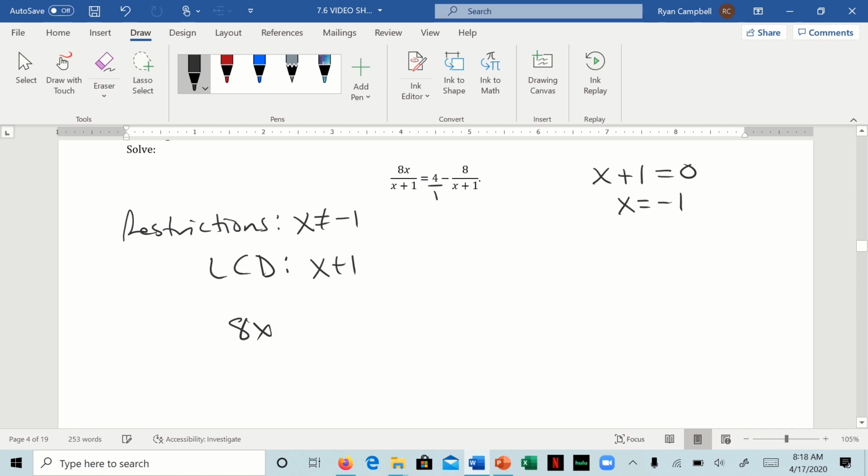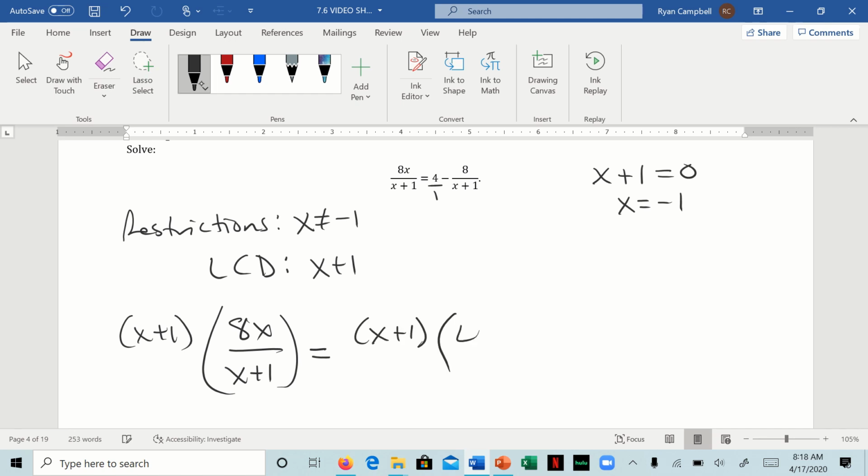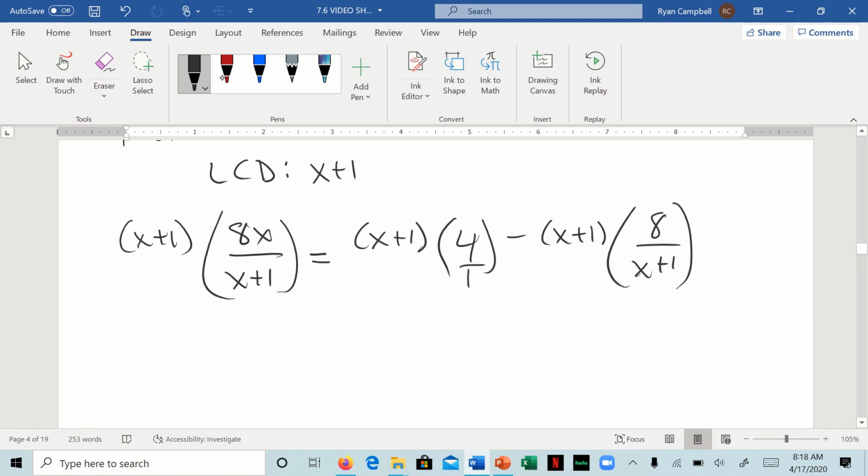So, multiplying every term by x plus 1, and we can see x plus 1's cancel on the top and the bottom, so we get 8x. 1 doesn't cancel with anything, it's just 1, so we can distribute that.